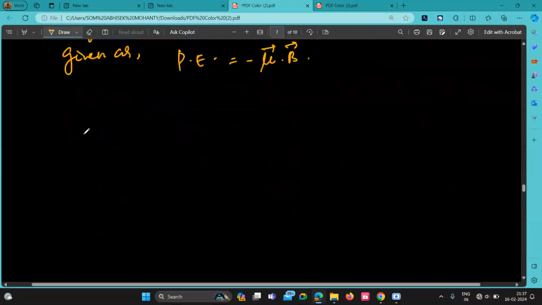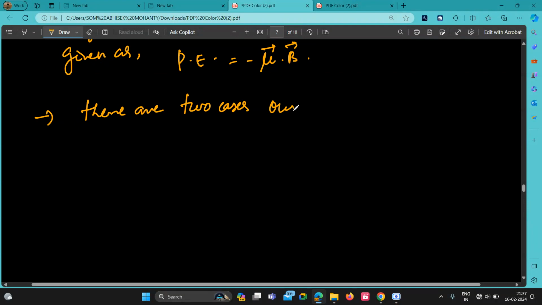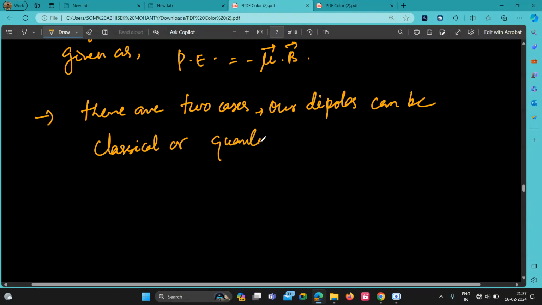Now there are two cases possible in which our dipoles can be classical or quantum mechanical.